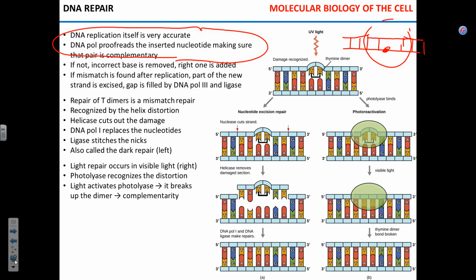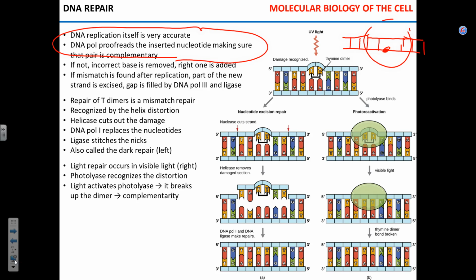Now, one example of repair that I wanted to show you is the repair of thymine dimers, because those occur most frequently. We are not exposed to acridine orange or ethidium bromide on a daily basis. And if you don't smoke or you don't inhale from exhaust pipe of your car, then you're not exposed to polycyclic hydrocarbons as well.